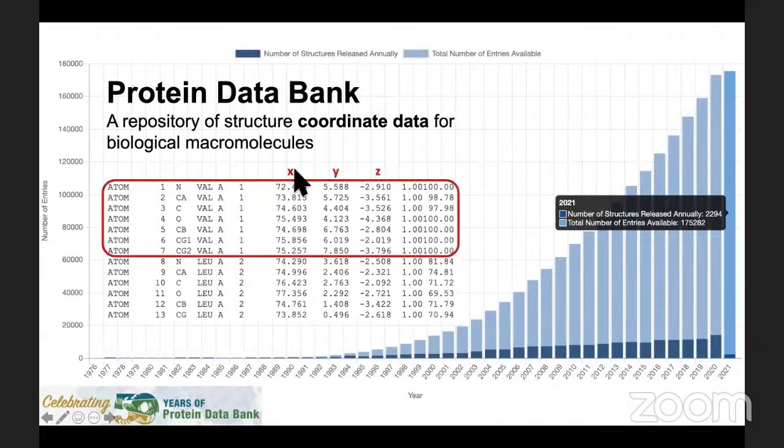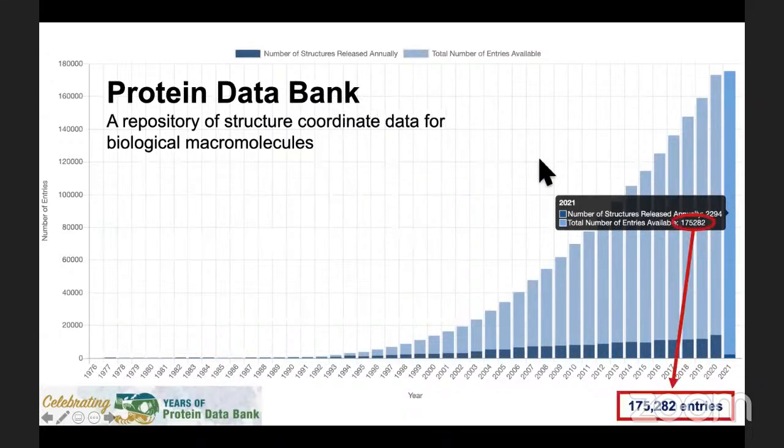So in this case, you get X, Y, and Z for the third dimension. And this is the legacy PDB format. And now it's moved on to the CIF format. But you can still see that here, there's information about where the atoms are in 3D space. And here you've got the amino group for valine, C alpha, and so on.